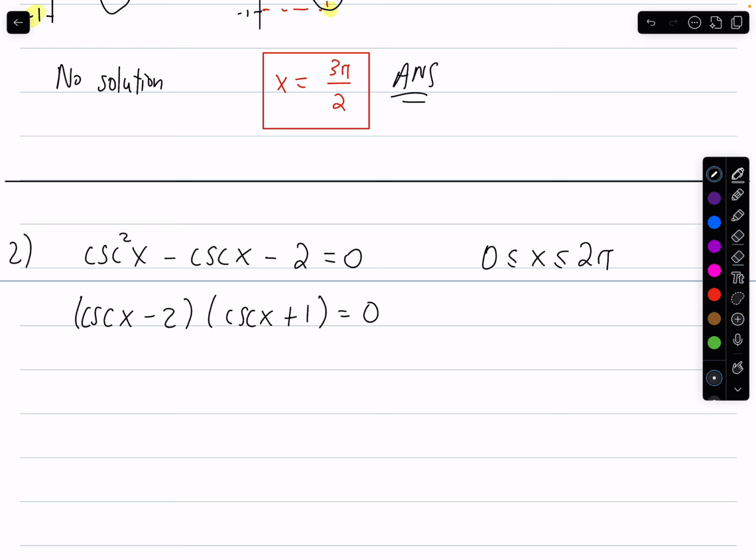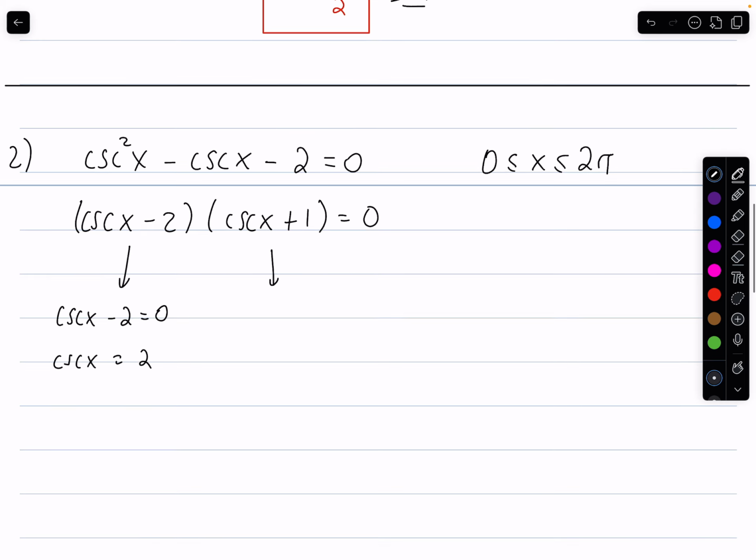And then we're going to solve for these two individually. So this is going to be cosecant x minus 2 equals 0. So cosecant x equals 2. And remember, cosecant x is the same thing as 1 over sine x. So if cosecant x is 2, then sine x would equal 1 over 2.